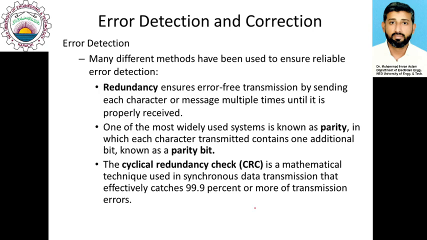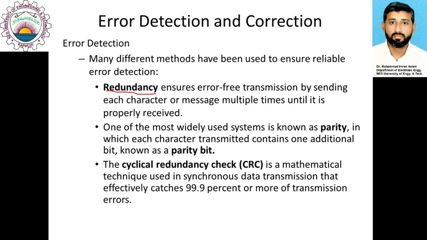So let us talk about the error detection. There are many different methods that we use for error detection purposes for reliable communication. One of the easiest methods is redundancy. That is, we try to transmit the message several times.